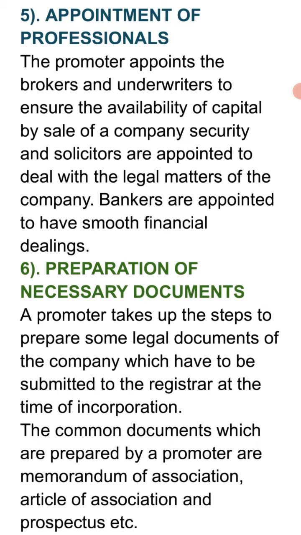For example, brokers and underwriters are appointed so that the company can issue financial securities. Solicitors are also appointed so that the legal matters of the company go smoothly. There must not be any legal complexity, and if any is there, it will be looked after by the solicitor. In the same way, bankers are appointed to have smooth financial dealings.